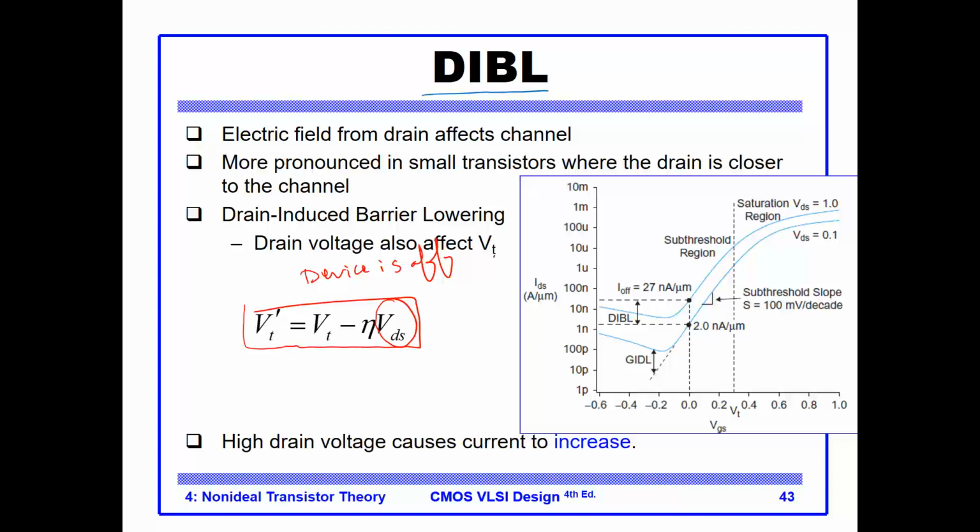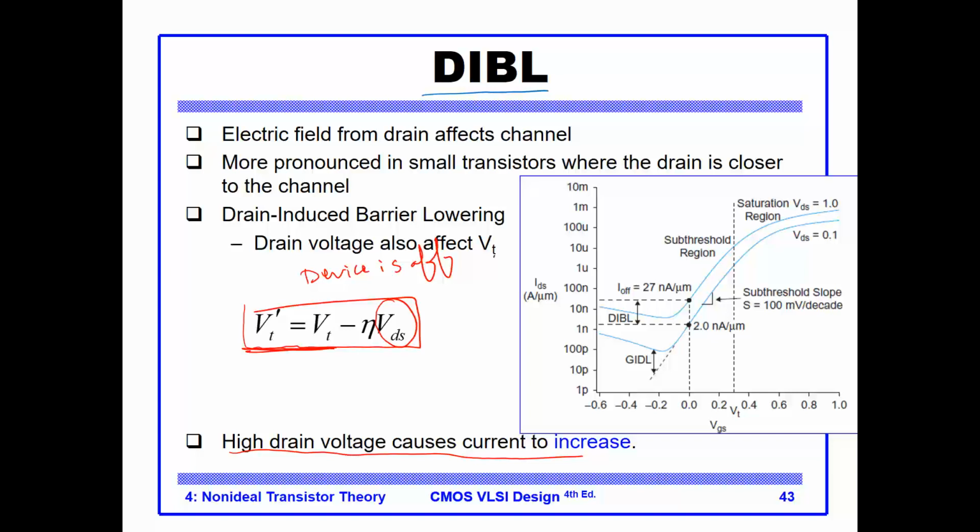Effectively, we are making the voltage that establishes the channel slightly lower. Effectively, we are reducing VT. That's what happens at high drain voltages. So basically, it does happen for the device when it is off.